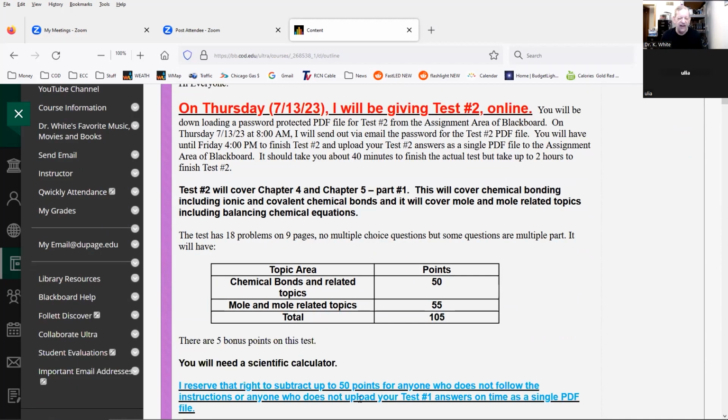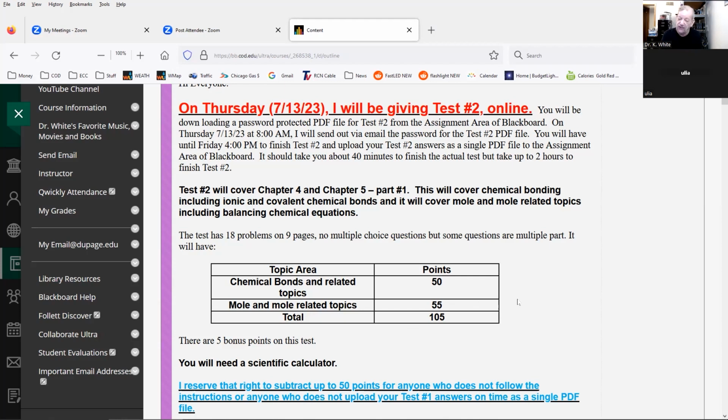All right, as I've already mentioned, test 2 will cover chapters 4 and chapter 5, part 1. This includes chemical bonding, including ionic and covalent chemical bonds, and I'll cover mole and mole-related topics, including balanced chemical equations. I think there are 3 or 4 of those on the test. The test has 18 problems, 9 pages.